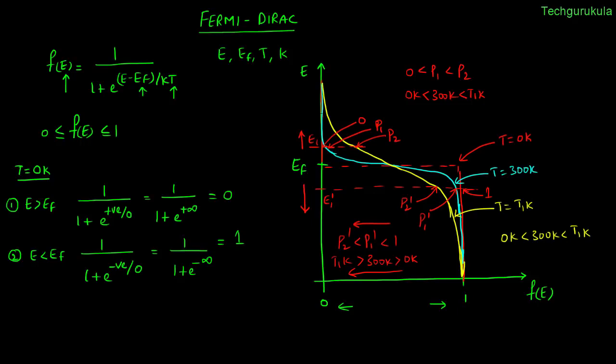That's why, as temperature increases, at the E1 energy level the probability of finding an electron increases. Below the Fermi energy level, the number of electrons in the valence band decreases because the electrons go to the conduction band. So the probability of electrons at a lower energy level decreases as temperature increases, because they are going to a higher energy level.